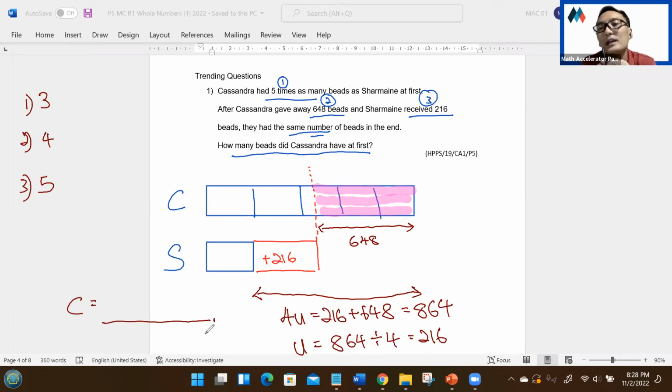Okay, Chloe got it. Kenzie got it. Right, everybody knows that we have 5 units for Cassandra. Therefore, we take 216, multiply by 5, and we will get 1080, right? So the answer to this question will be 1080.